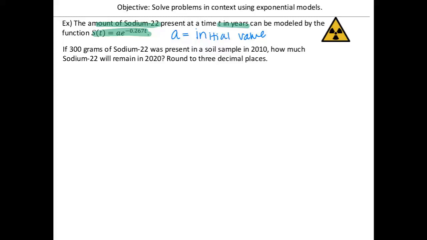Is it always going to be the initial value? Yes. So in this case, it says if 300 grams of sodium 22 was present in a soil sample in the year 2010, how much sodium 22 will remain in the year 2020? Round to 3 decimal places.